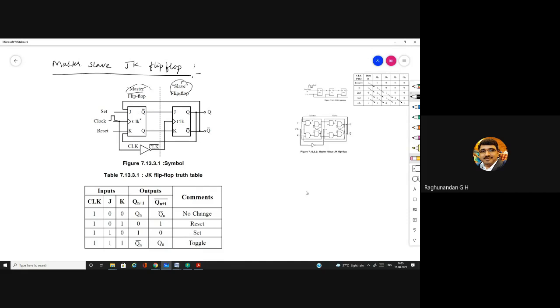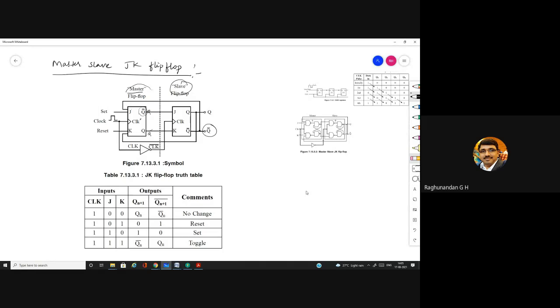And again, you can observe here, we take Q bar, and that Q bar is given to J and Q is given to K. This one you should remember, a cross connection again. Or if you get confused, you can make Q bar and do the cross connection. After that, Q and Q bar are obtained, and one of the inputs to the JK flip-flop is again the cross connection of the output.